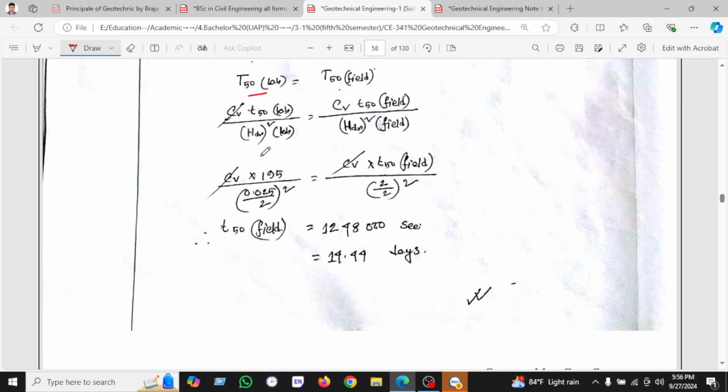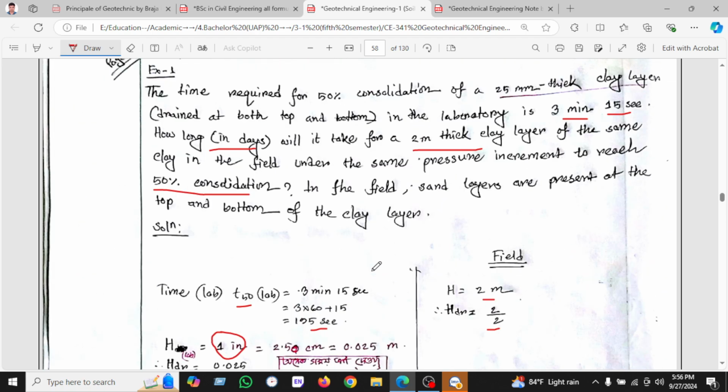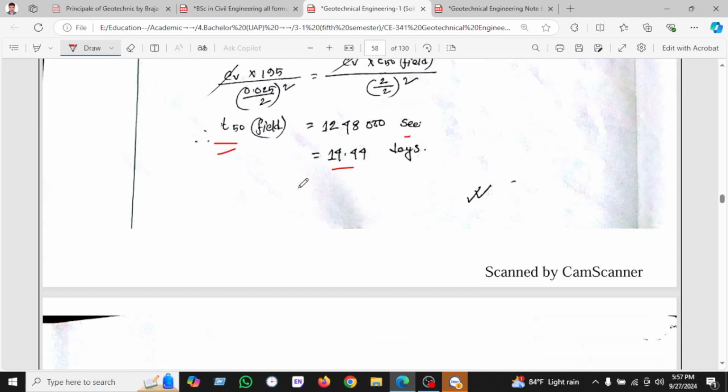So we'll compare the lab and field: T, C50 in lab, and dr square lab, and T in field. In this way we'll get the field value of 1,24,000 seconds, which is 14.44 days. So after 14.44 days, the time is required. Okay.